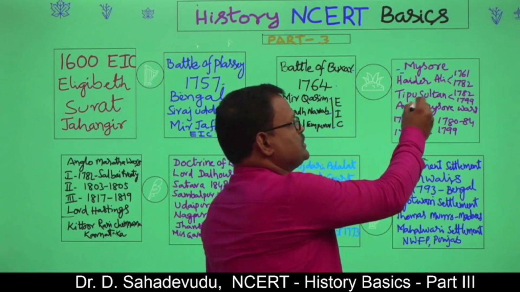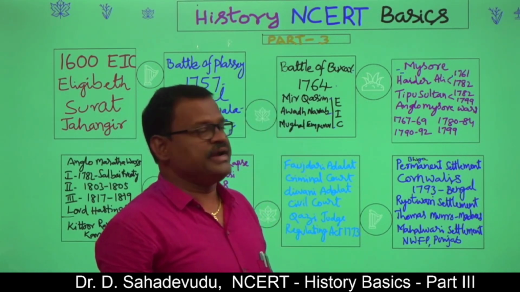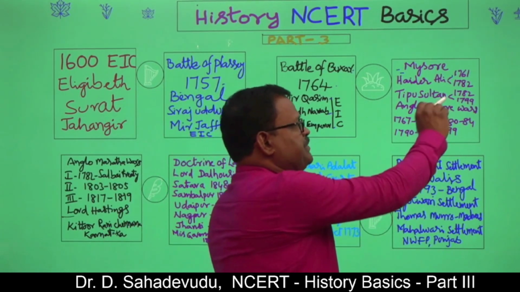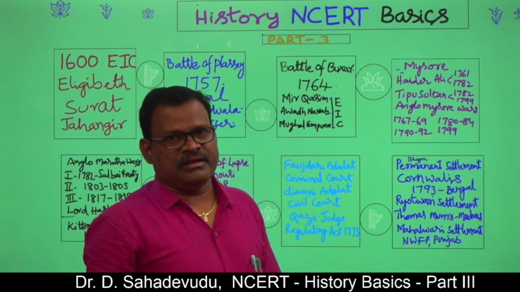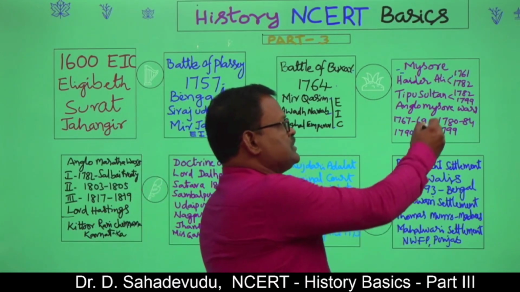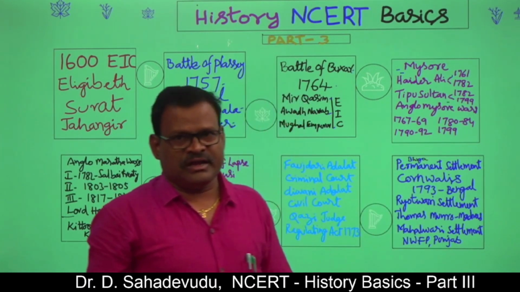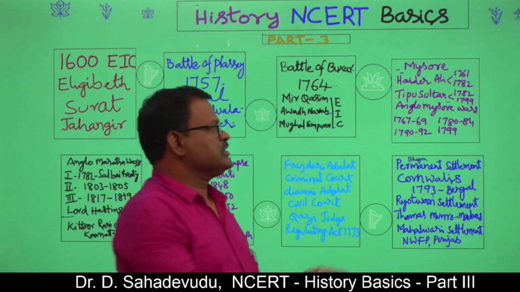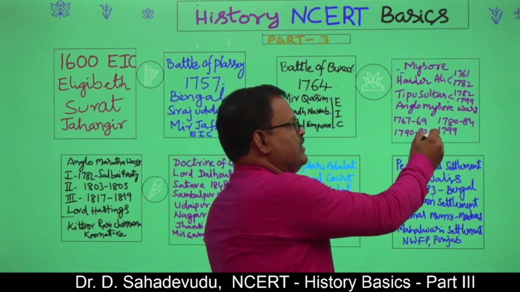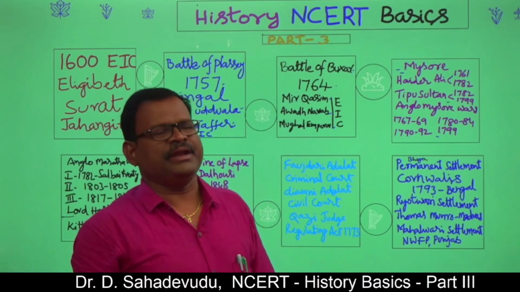The Second Anglo-Mysore War was between Hyder Ali and the British forces. During this period, Hyder Ali died of health reasons. Tipu Sultan continued this battle. This battle was not decisive between the two forces. The Third and Fourth Anglo-Mysore Wars were decisive in favor of the East India Company.